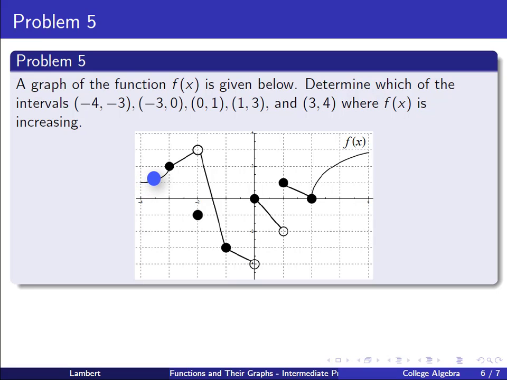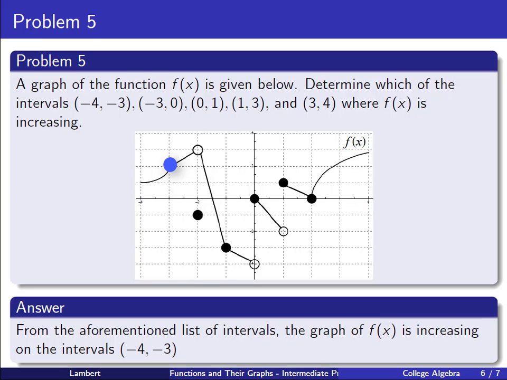As we move all the way to when the x value is negative 3, notice this whole time this point is increasing. So for negative 4 to negative 3, that whole time we have our function increasing.